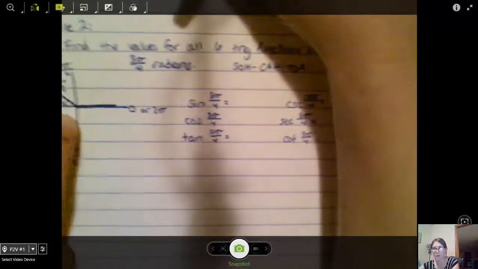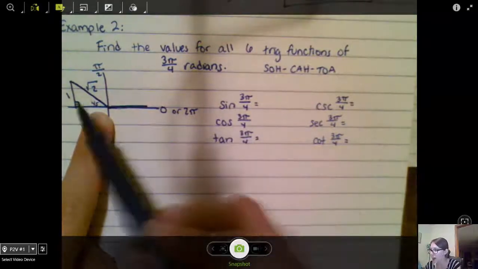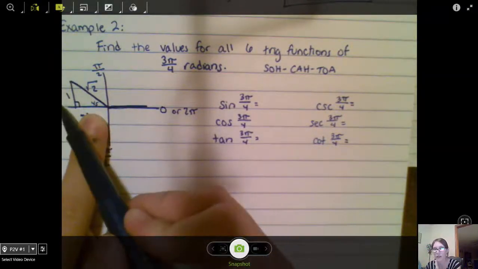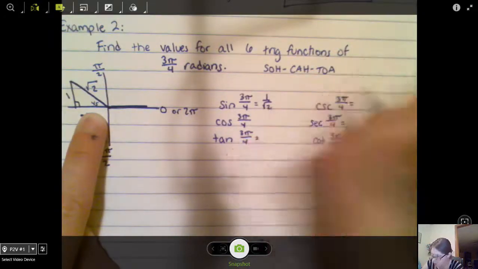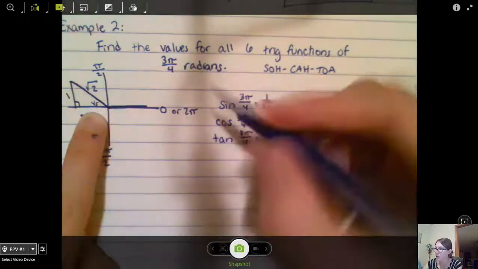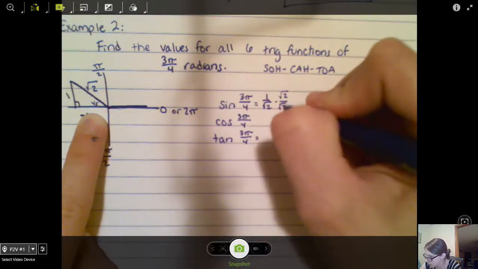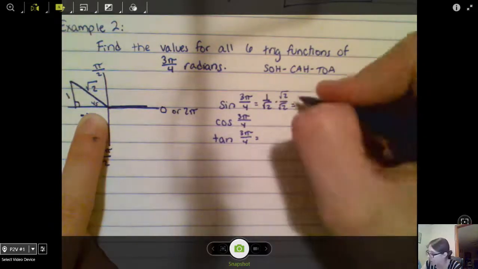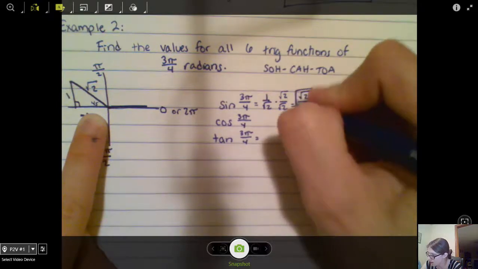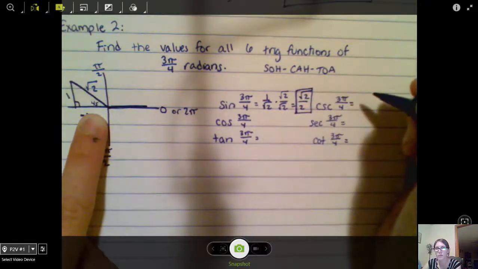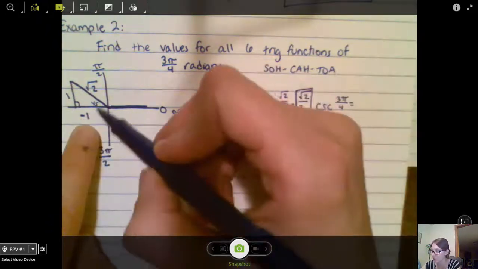So looking at my triangle here, let's start off with sine. The sine of our angle is the opposite over the hypotenuse. 1 over the square root of 2. Rationalize our denominator. Multiply by the square root of 2 over the square root of 2. It gives us the square root of 2 over 2 as our sine. Okay, now cosine is adjacent over hypotenuse.